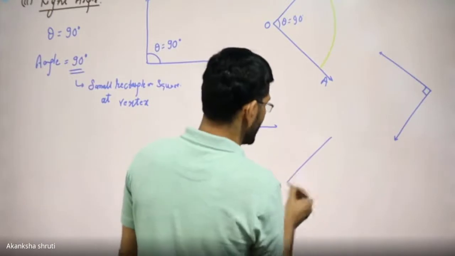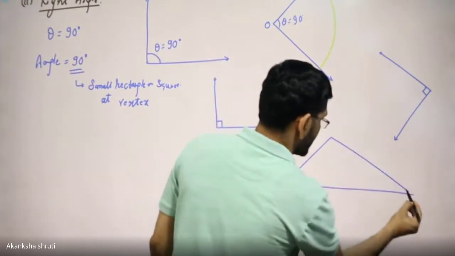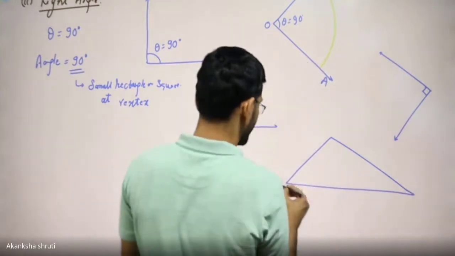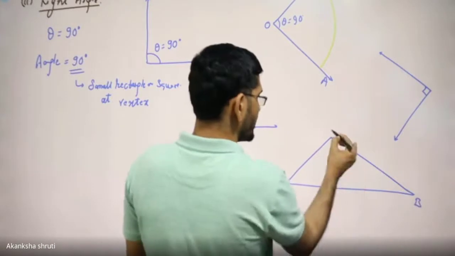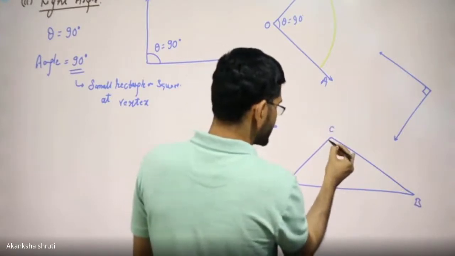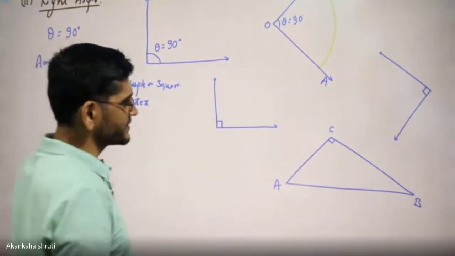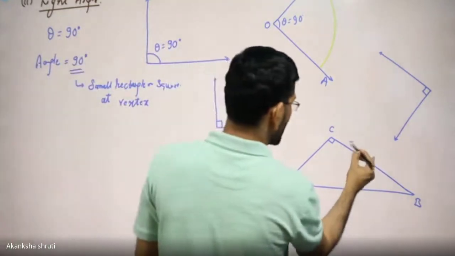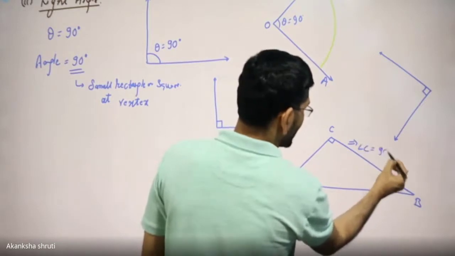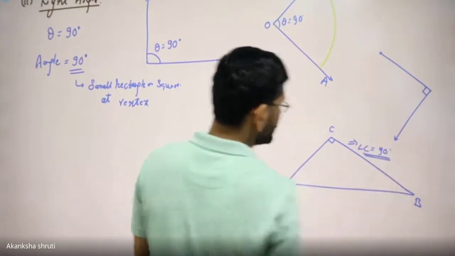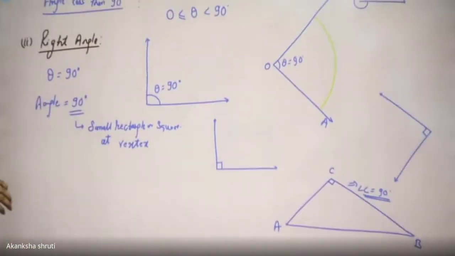Consider a triangle like this. Students, let us consider ABC. And at C, this small rectangle is drawn. It simply means this figure indicates that angle C is our 90 degree. Okay, so it is the default meaning. So this is called a right angle.